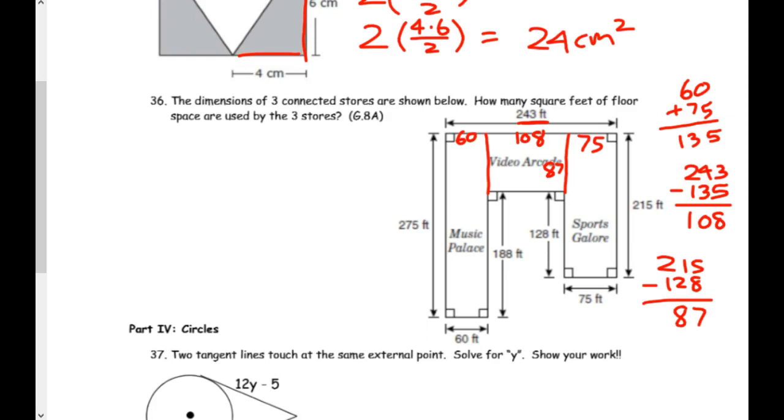So let's add up all three rectangles, and we're finding how many square feet of space, which means area. So the first one, 275 times 60 plus 108 times 87 plus 75 times 215.